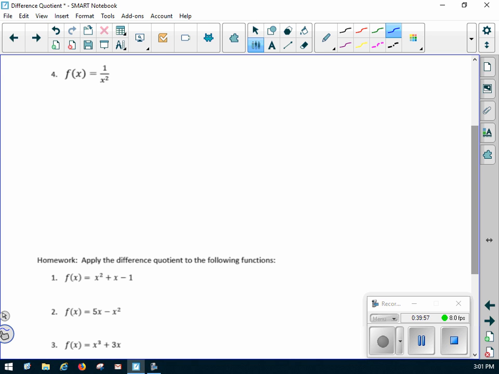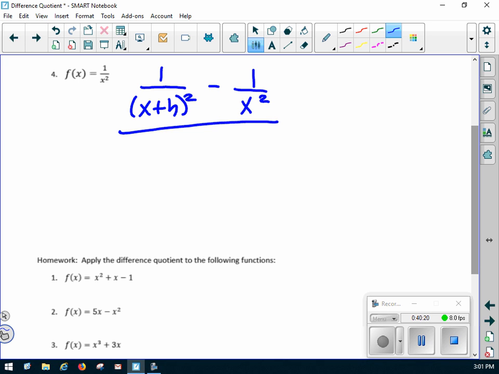All right. Aha. Okay, now Eve's already having a fit, because we're going to have a complex fraction. All right. F of x plus h minus f of x over h.